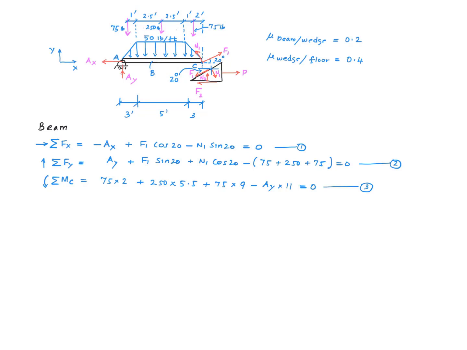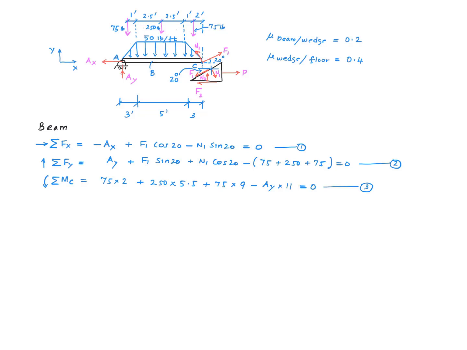So that's a counterclockwise moment, so that goes in as a positive term in that equation. 250 multiplied by this distance, which is 5.5 feet, is another counterclockwise moment. 75 multiplied by this distance, which is 9 feet, is another counterclockwise moment. AY multiplied by the length of the beam, which is 11 feet, is a clockwise moment. So that goes in as a negative term.